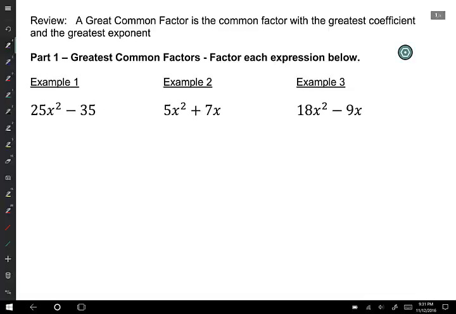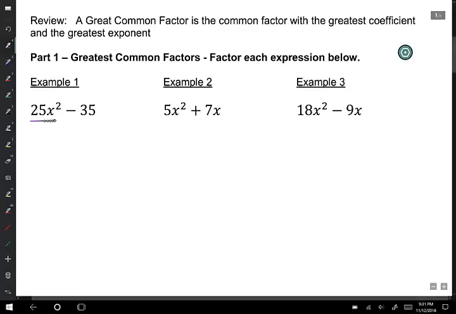For example, here we have 25x squared, and then we have 35. Hopefully you realize that a 5 can divide into both of those, so we're going to write the 5 out front, and then 5 times 5x squared equals 25x squared, and 5 times negative 7 equals negative 35.